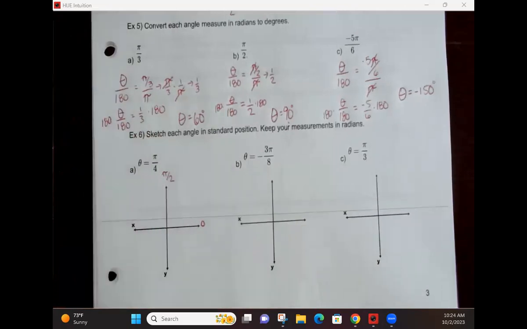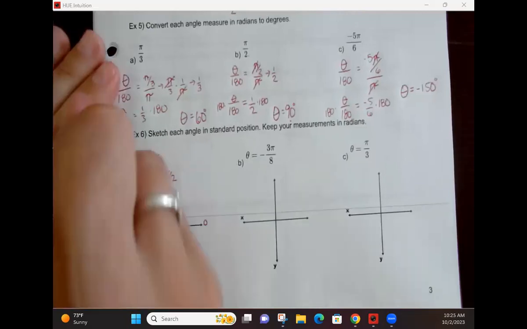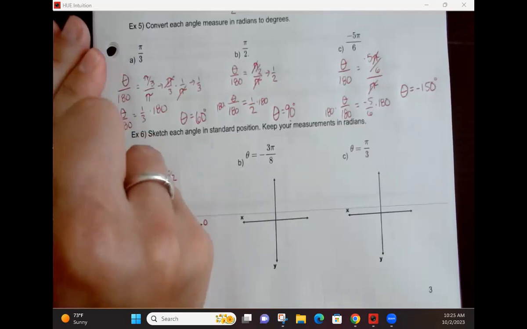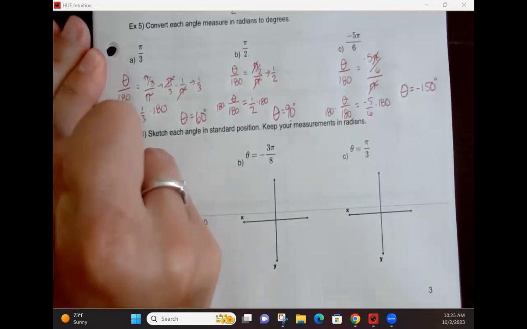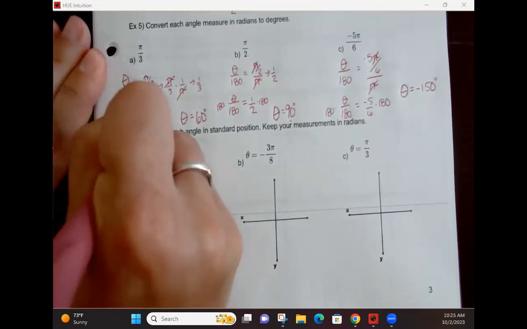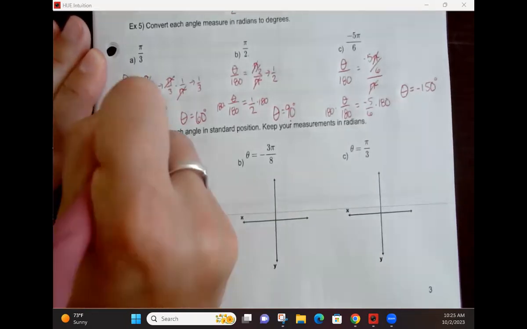290 degrees, right? 2 of them would be 2 pi over 2. Does that make sense? Pi over 2 plus pi over 2 would be 2 pi over 2, or just pi, right?